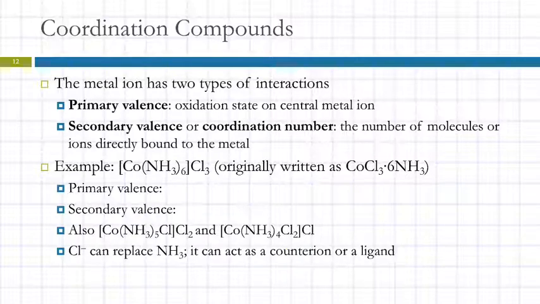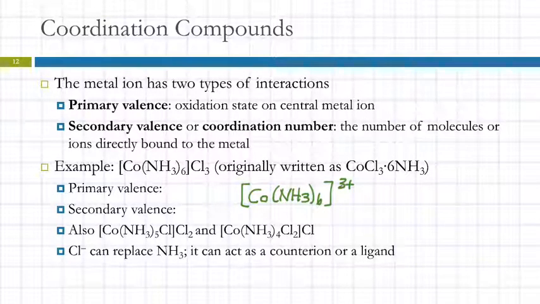If it wasn't a neutral molecule, where would the charge be? Well, the complex ion is what has the charge. That's the complex ion, and that combines with 3 chlorides to form a neutral compound.